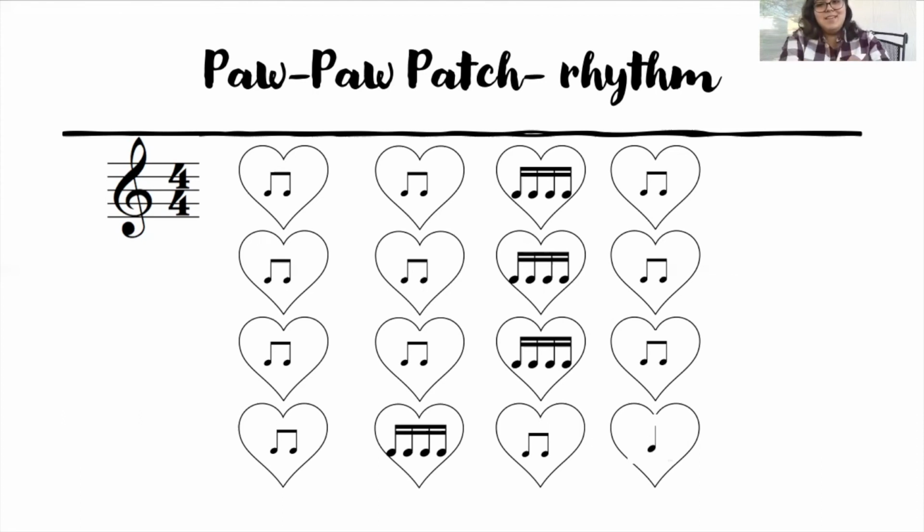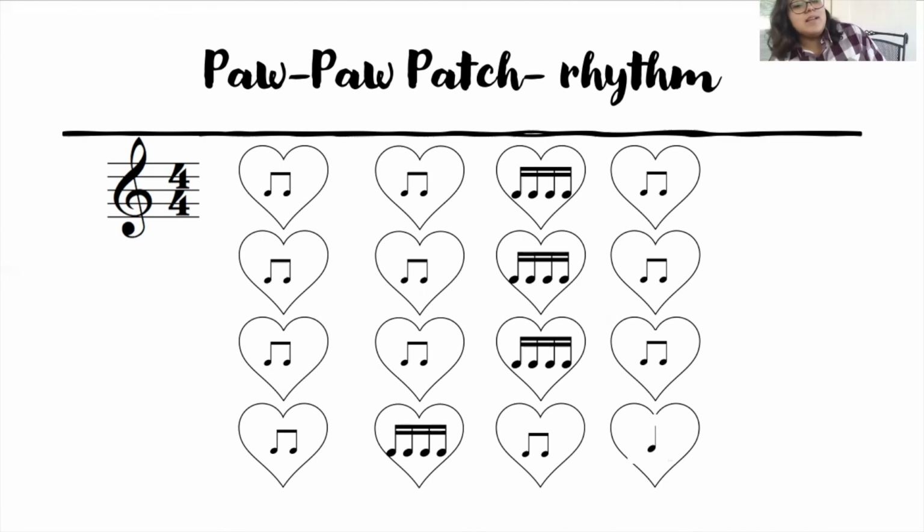Look at the next line. Tell me, same or different? It's the same. 1, 2, together, here we go. Ti, ti, ti, ti, tika, tika, ti, ti. Now, look at the last line. Is the last line the same or different?